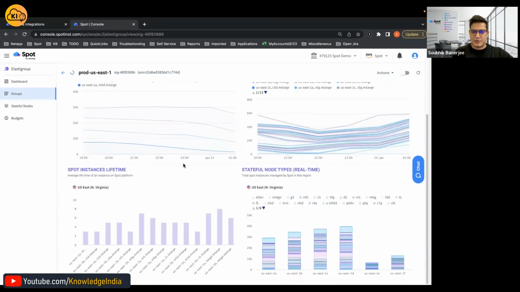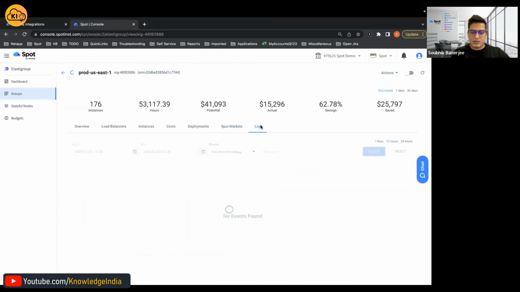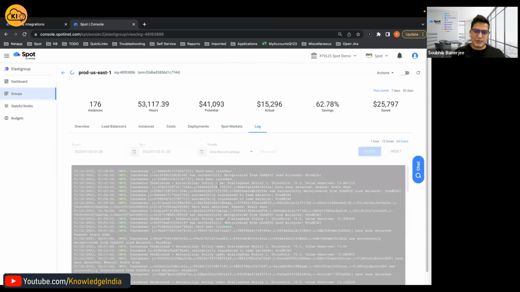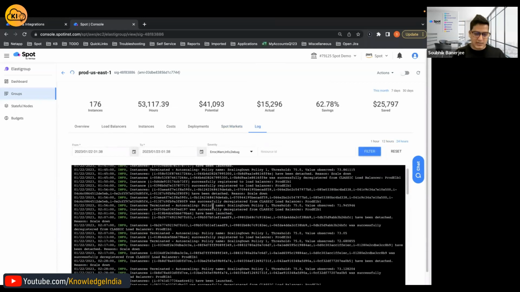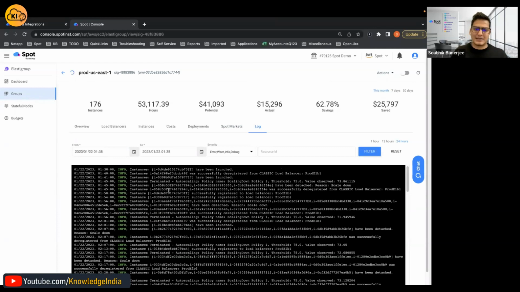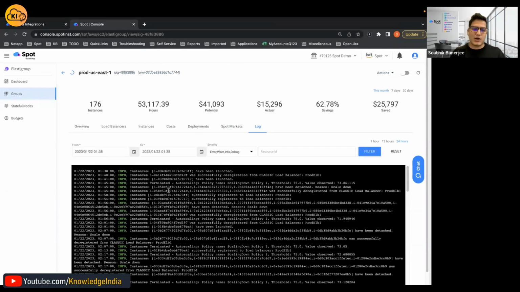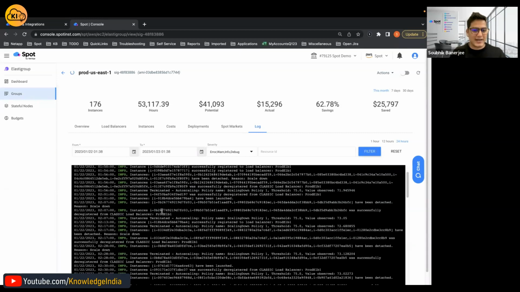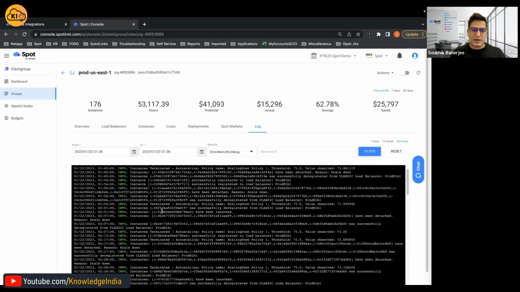Last but not the least, the logs, which are very important. These are only Elastigroup logs, not your application logs. You can see how Elastigroup is performing, whether it is doing a scale up or a scale down, how it is behaving, and based on what.